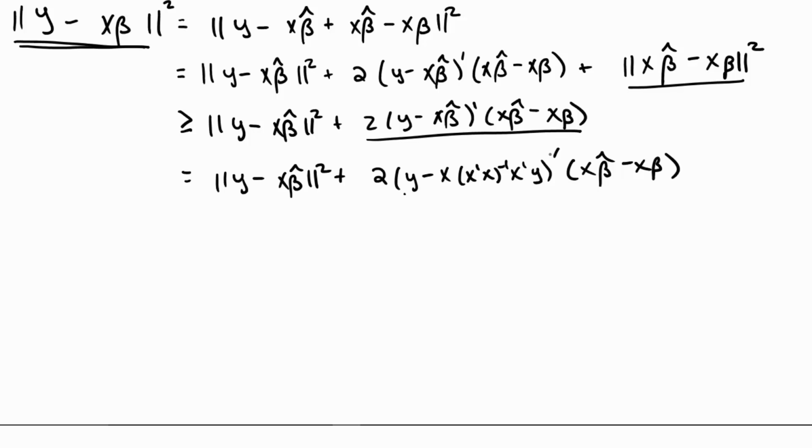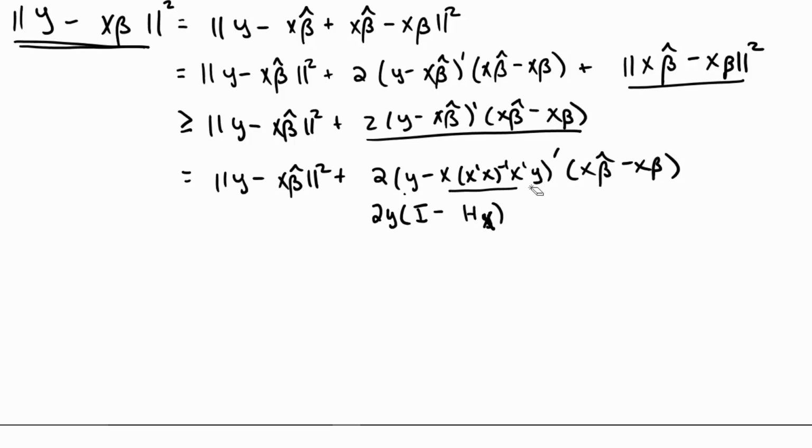This quantity right there, I can pull out a y and get I minus H(X), and then transposed. But remember, both I and H(X) are symmetric, so the transpose is irrelevant.